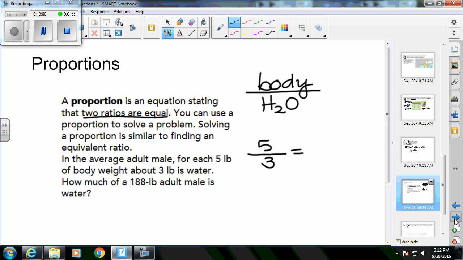How much of a 188-pound adult is water? So water is in my denominator, so I'm looking for that. And I'm using a 188-pound adult. I'm going to cross multiply.